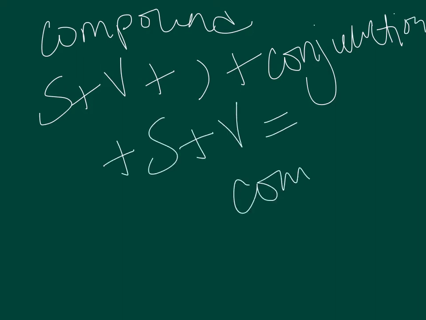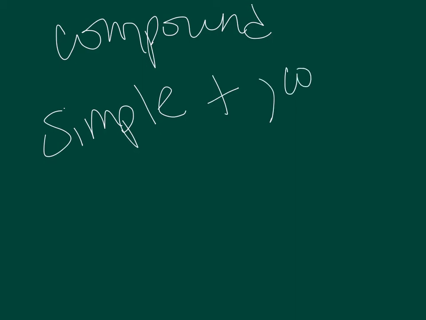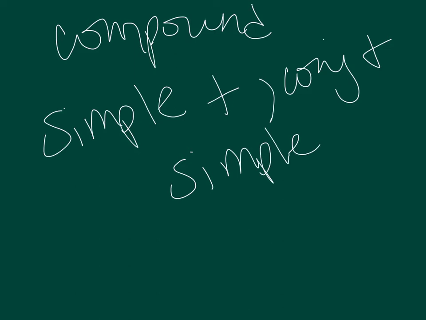Now, this looks a lot more complicated than it really is, because another way that you could say this would be, a compound sentence is a simple sentence plus a comma conjunction plus another simple sentence. It's basically 2 simple sentences combined with a comma and a conjunction.